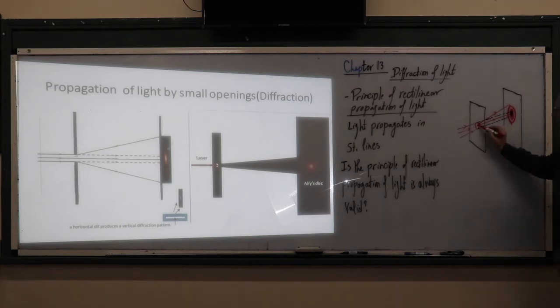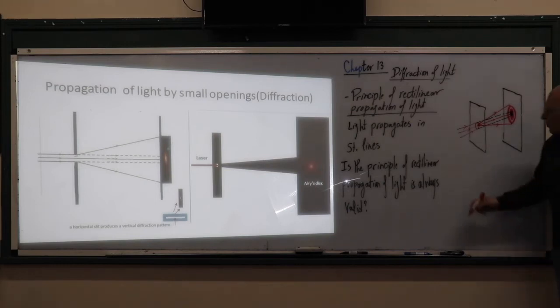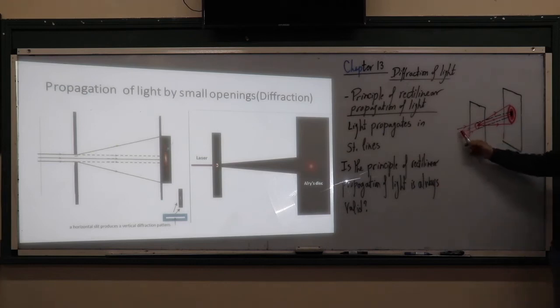Also, this means that light has left the hole and reached this point, which means that during its rectilinear propagation, the light deviates from its original straight line path and reaches this point.